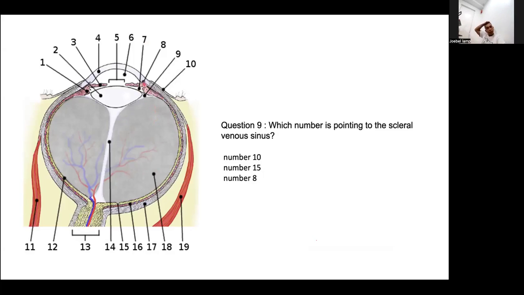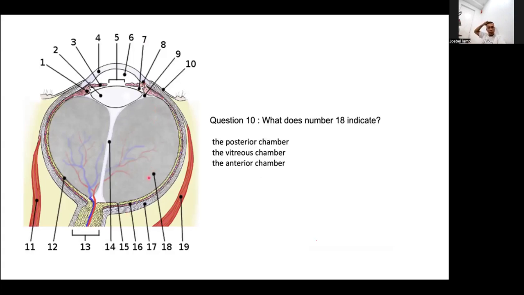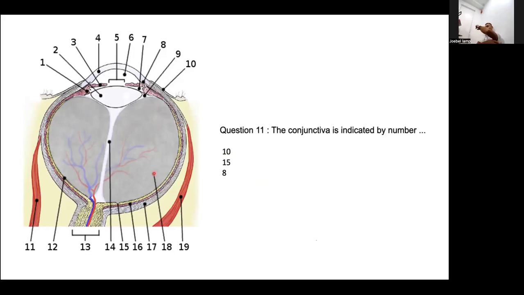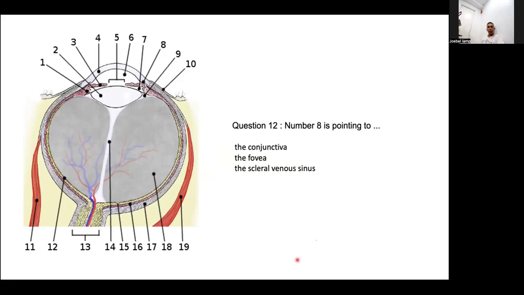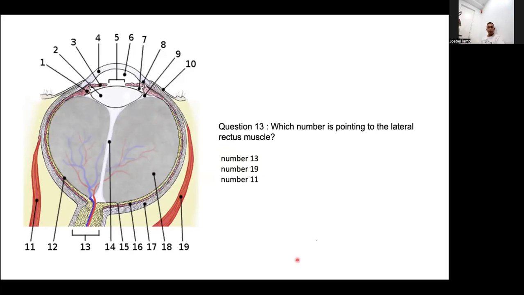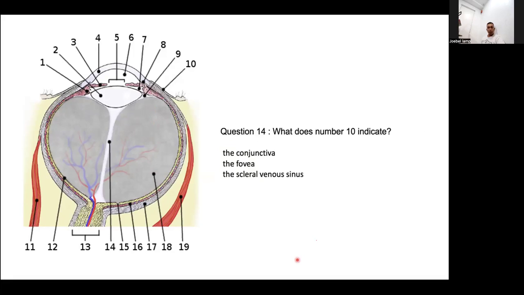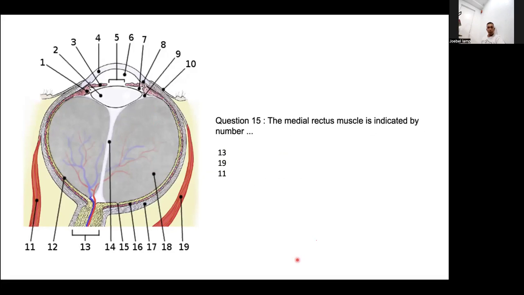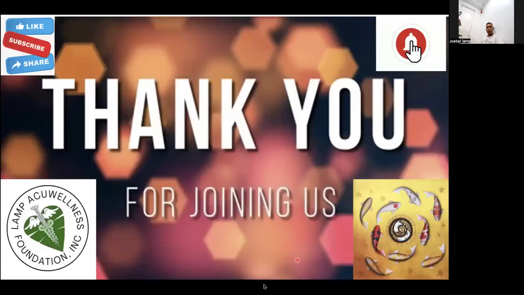Number 8. 18. Vitreous chamber. Conjunctiva. 10. Number 8. The scleral venous sinus. Okay, lateral rectus muscle. Number 19. Number 10. Conjunctiva. Medial rectus. Number 11.